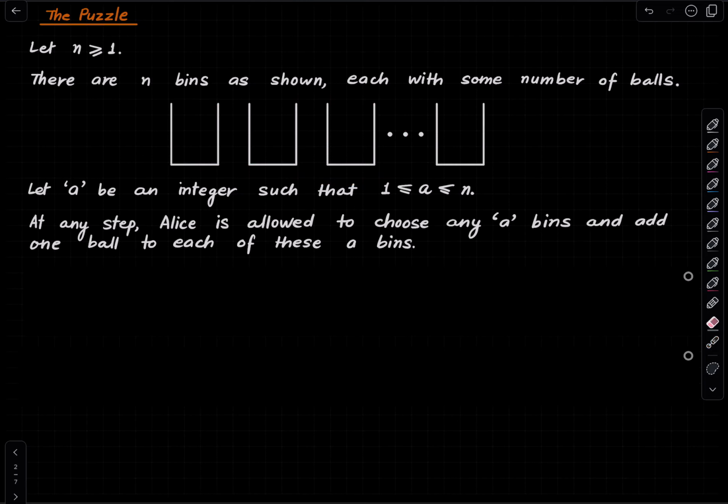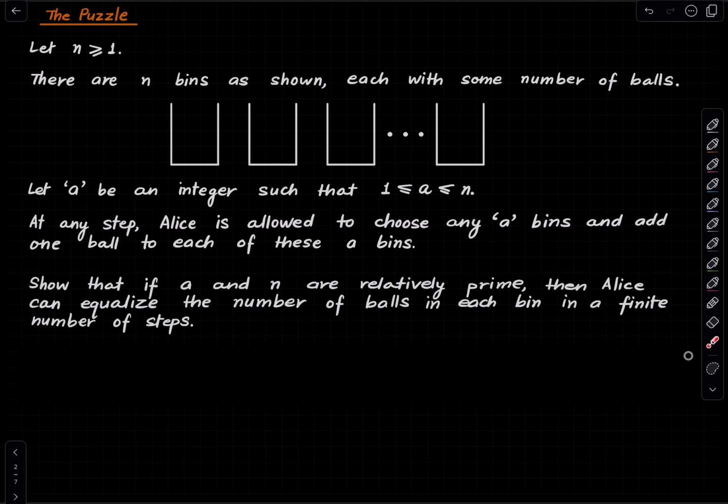Now here is the fact that we want to prove: if a and n are relatively prime, then Alice can equalize the number of balls in each bin in a finite number of steps. So let's try to understand what we are asking.